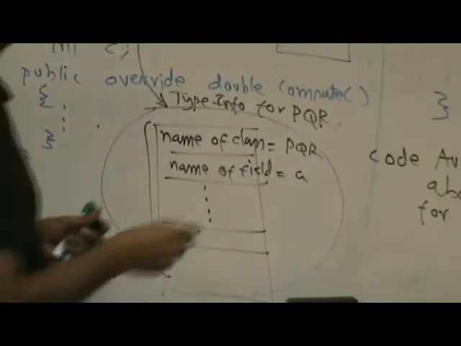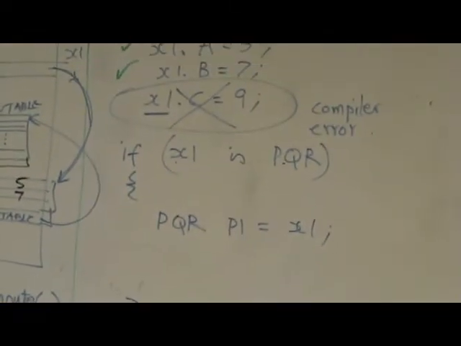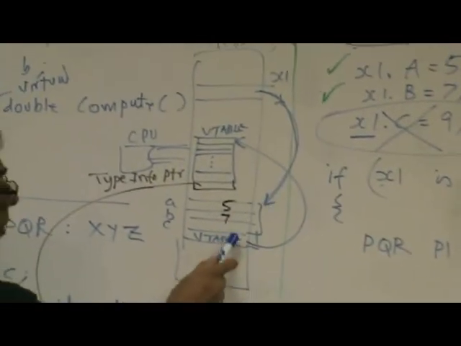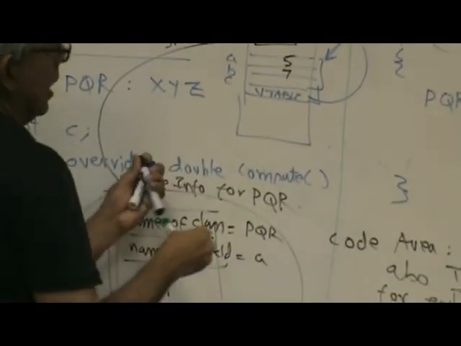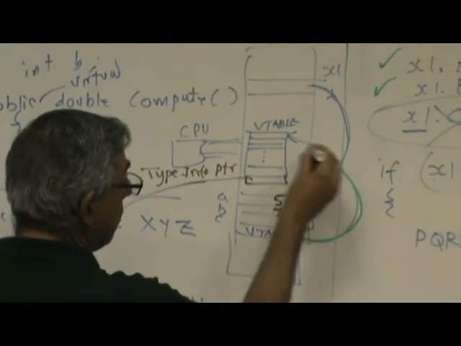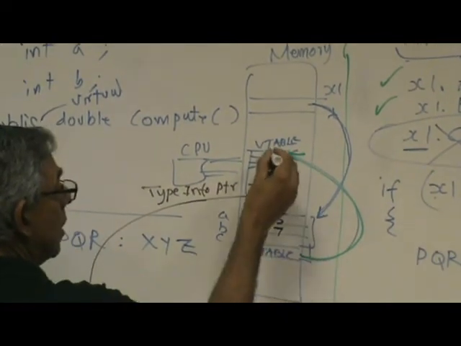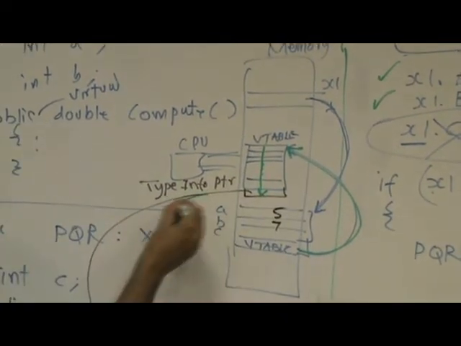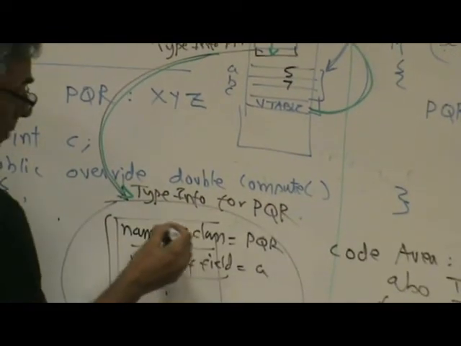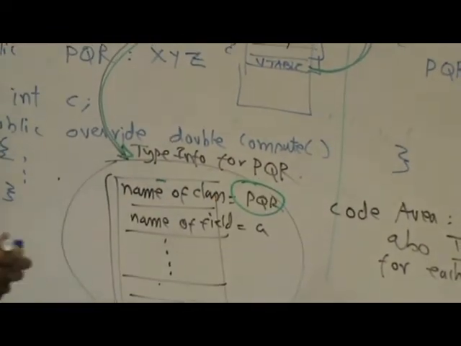So now take a look, how does the computer know X1 is pointing to PQR? It will start from X1. We'll go to the V table, and then from V table, where will it go to? The type info pointer, and it will check what's the name of the class. If it is PQR, it will come back as true.